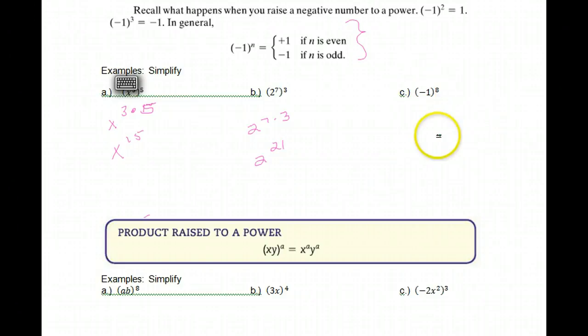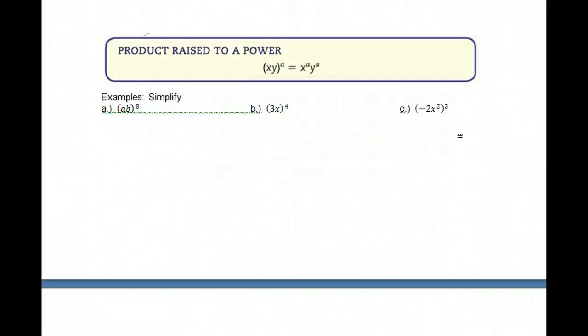And then letter C, we have negative 1 being raised to the 8th power. When the power is even, the answer will be positive. 1 to the 8th power.